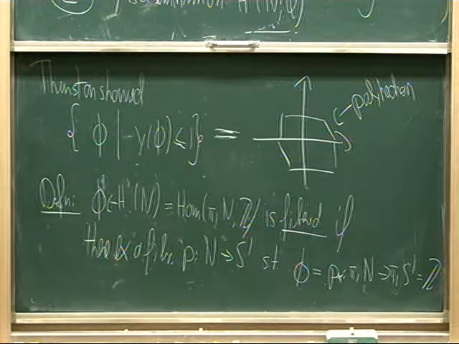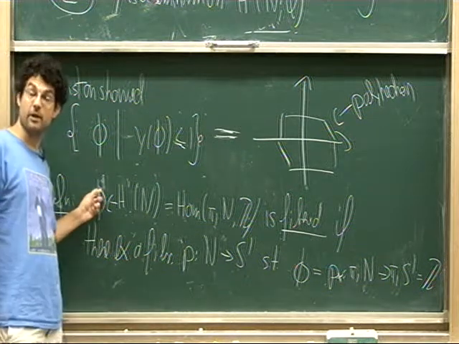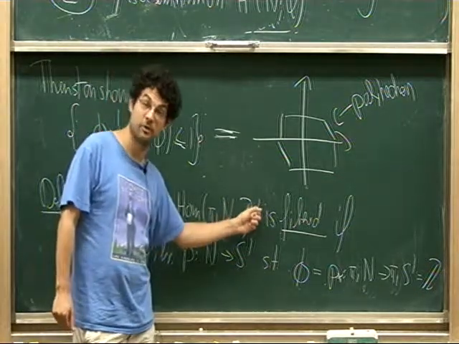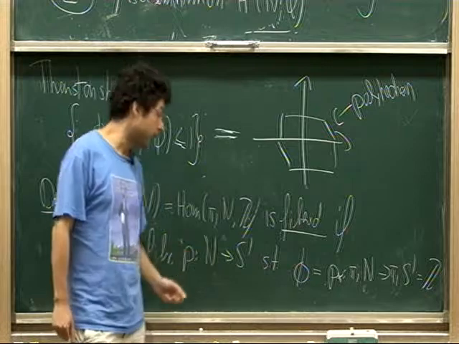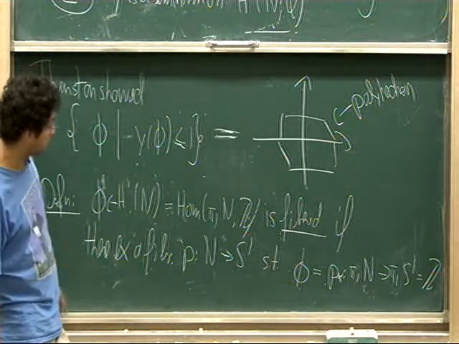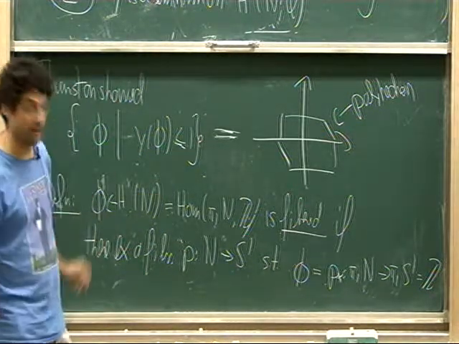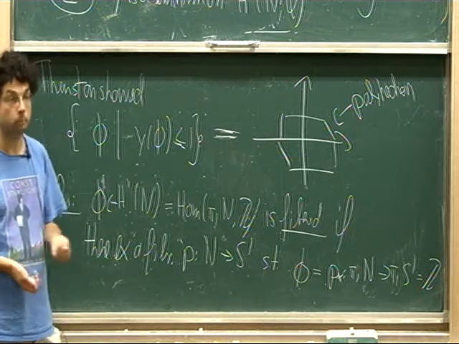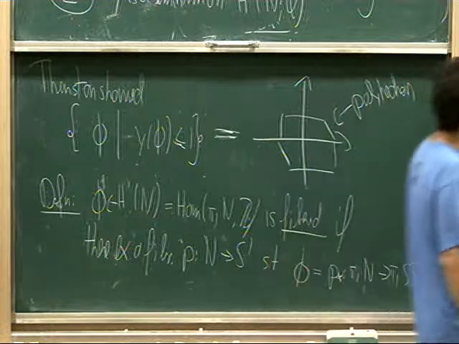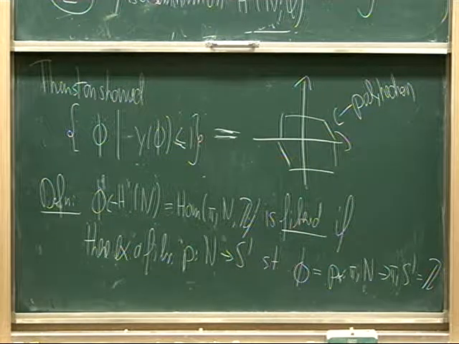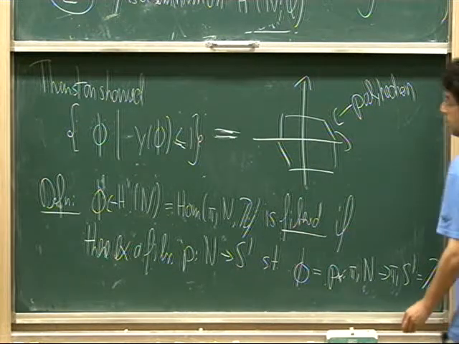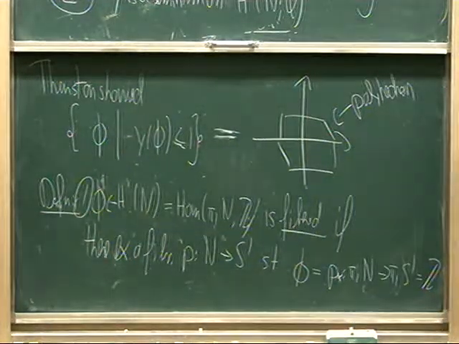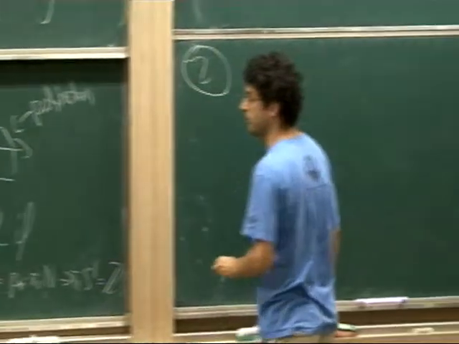So let me say it again. A class phi, which I now view as a homomorphism from pi 1 of n to Z, is fibered if I can represent it by a fibration, by a fiber bundle over S1. Okay? And now I also want the notion for a rational class to be fibered.